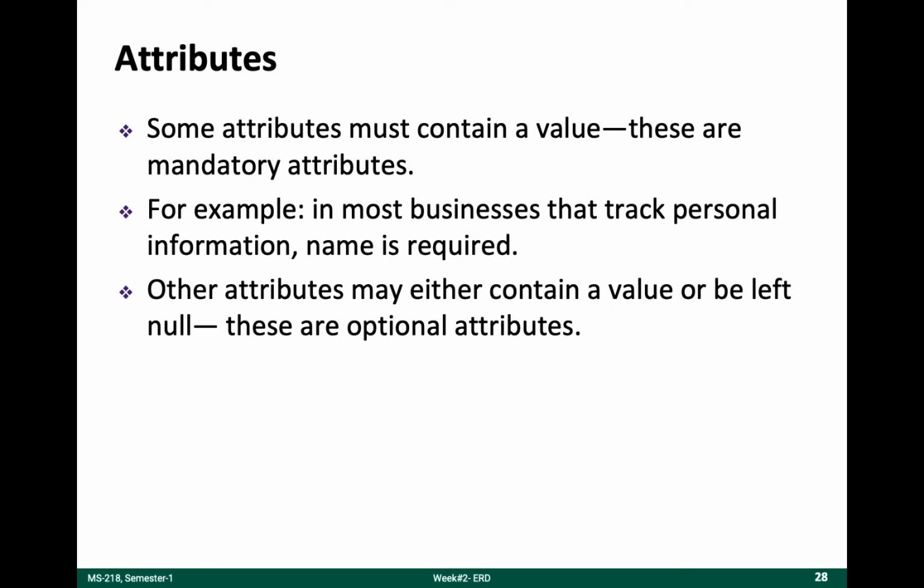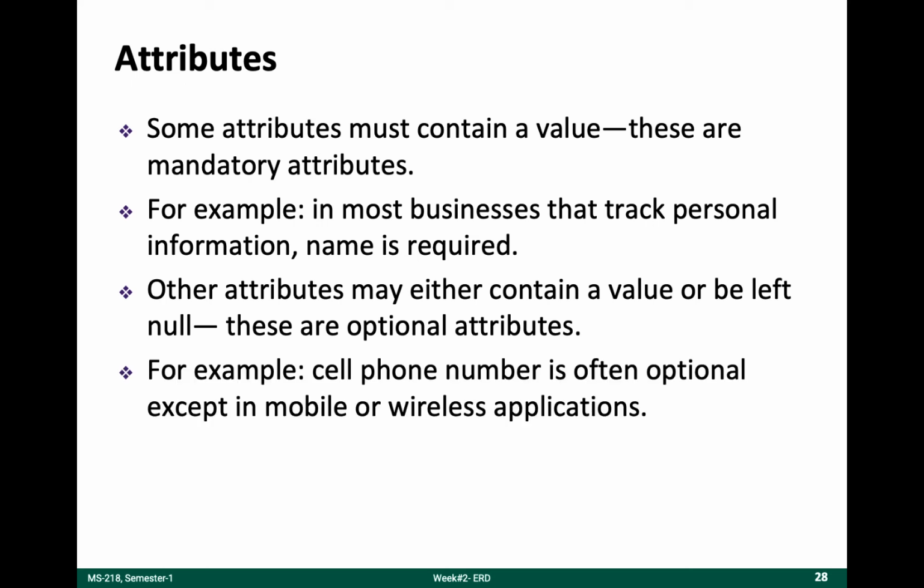And a small o represents optional. We will see. For example, cell phone number is often optional except in mobile or wireless applications. Obviously, if you are using WhatsApp, can you make an account or install WhatsApp without giving your phone number?